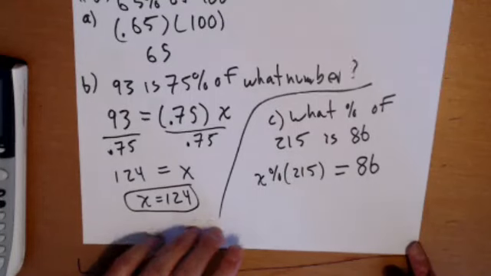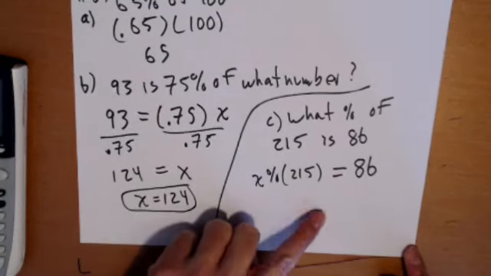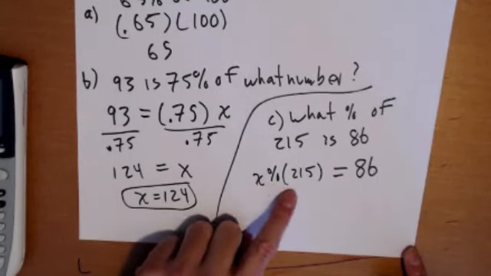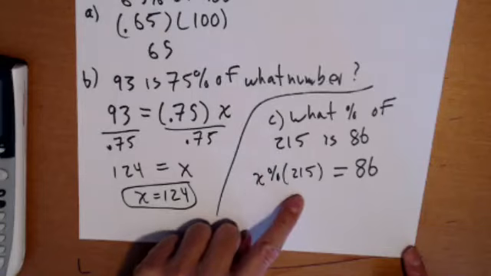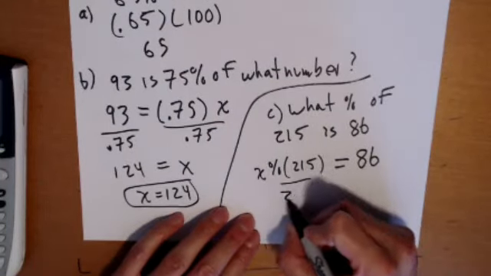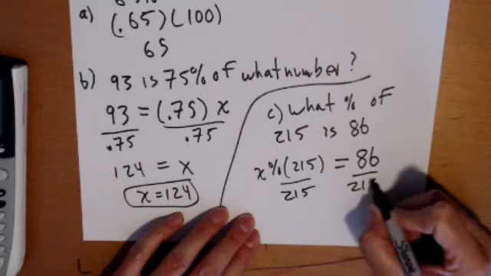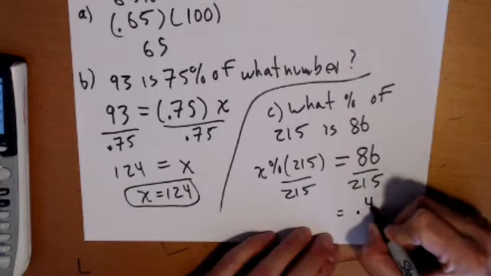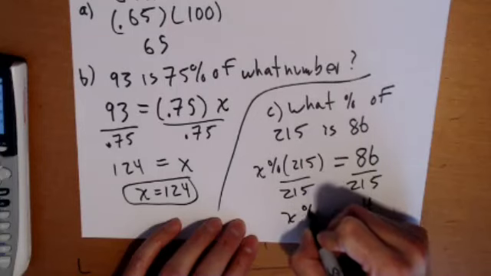So 100% of 215 is 215. So I'm thinking the answer is probably like 30% or 40%. Okay, so let's get the X percent alone. Let's divide by 215. So 86 divided by 215, according to my calculator, is 0.4. So X percent is 0.4.